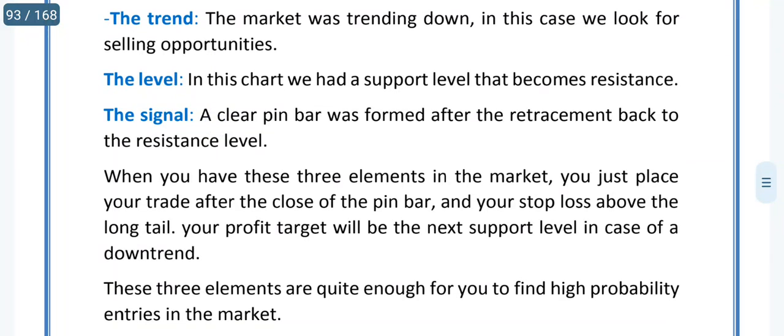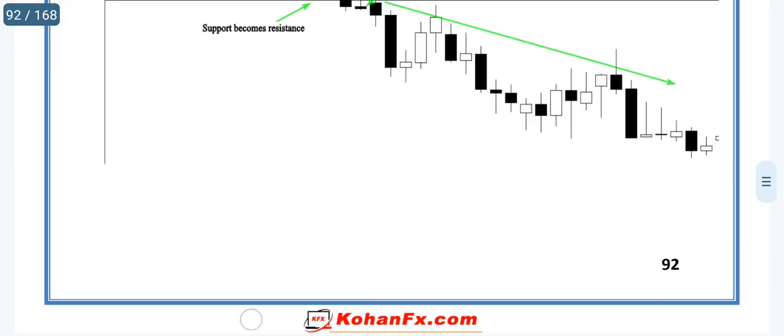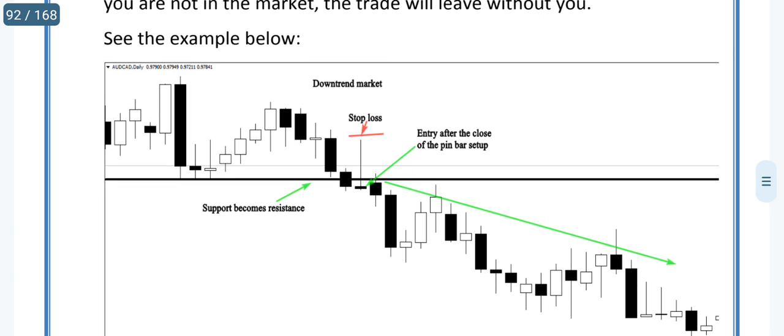So we took such a trade because of the trend. As you can see, the market was trending down, and in such a case, we look for a selling opportunity.